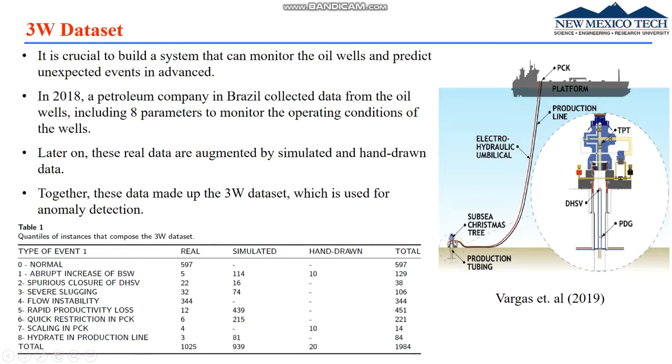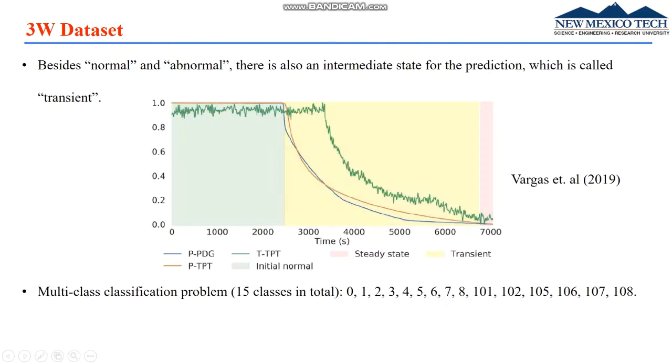In this table, there are 8 problems associated with oil wells, and with the transient states, you can expect another 8 transient states. So in total we have 16, plus the normal state, so we have 17 classes in total.